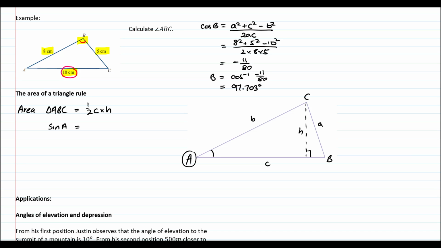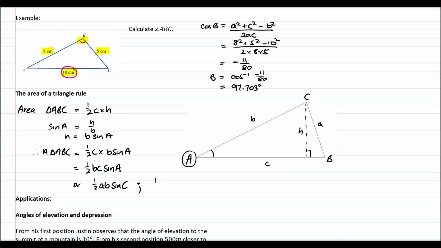Sine of A is equal to h over b, which means, of course, that h is equal to b sine A. And therefore, the area of triangle ABC is equal to a half c times b sine A, and that, of course, is equal to a half bc sine A, which could be written as half ab sine C, or half ac sine B.